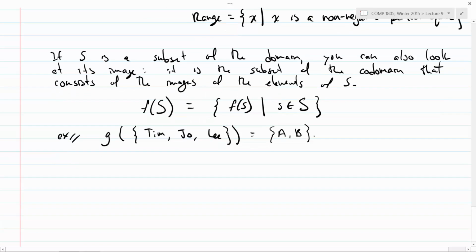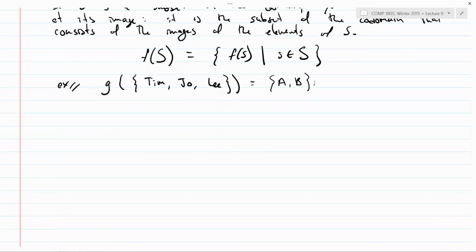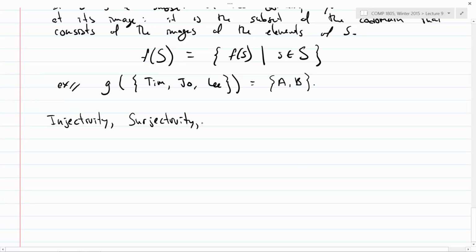All right. So now that we've defined what functions are and some terms for them, we're ready to start talking about their properties. So the properties I want to talk about are injectivity, surjectivity, and bijectivity. These are properties that functions can have.